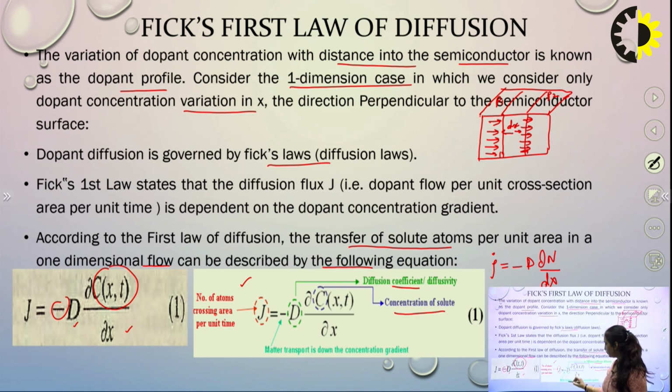The matter transport is down the concentration gradient, right. This minus sign is because we are going from higher concentration to lower concentration.